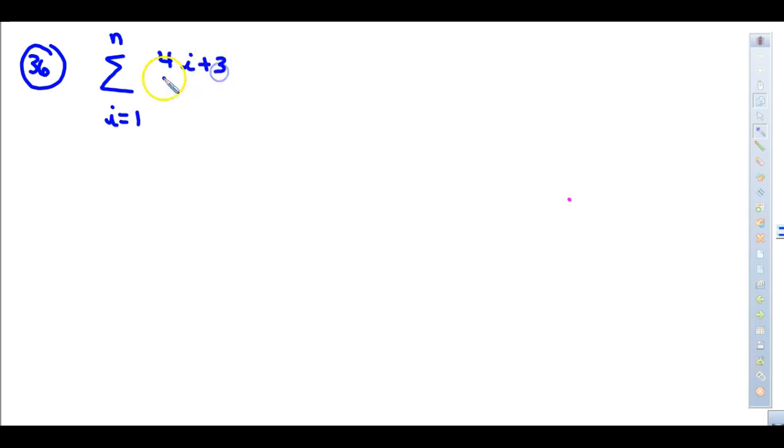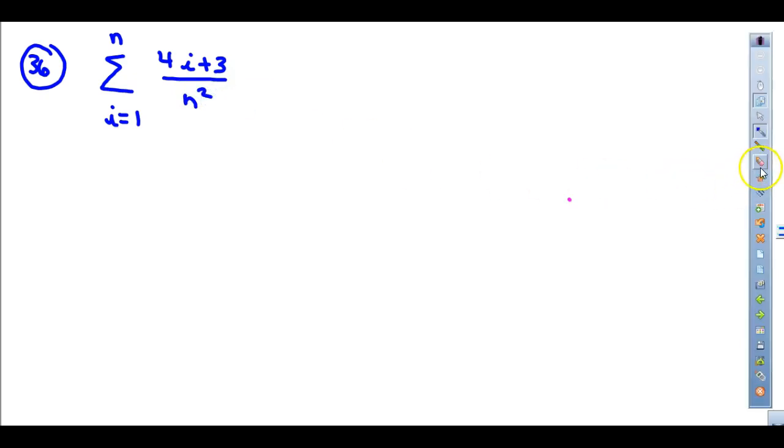This one is similar to what we just did. It says that you're going to do the summation as I goes from 1 to N of 4I plus 3 all over N squared.